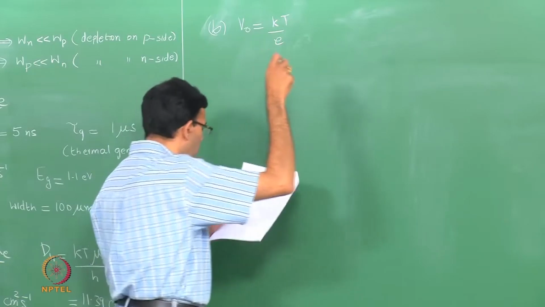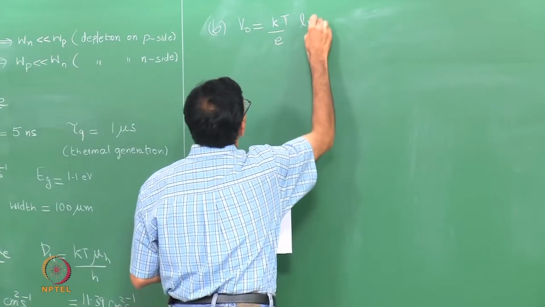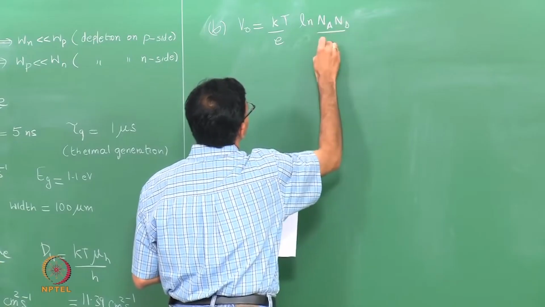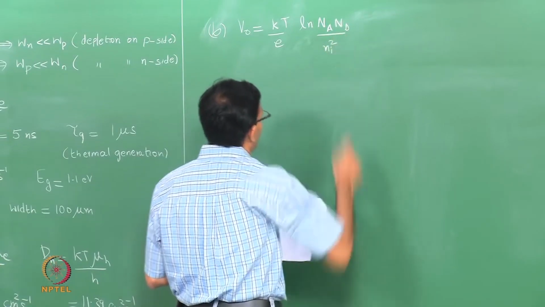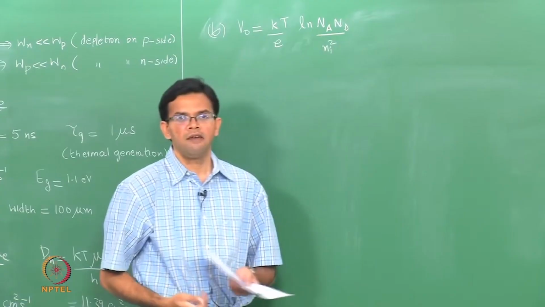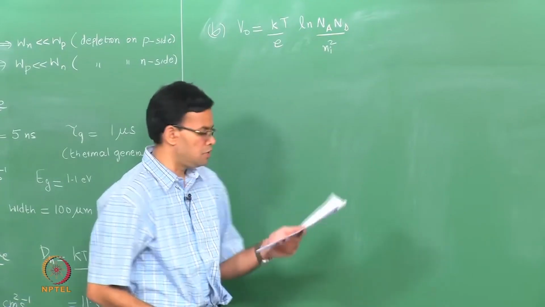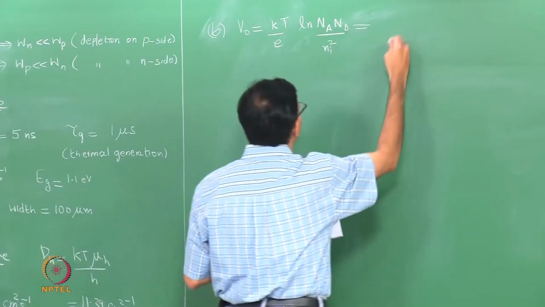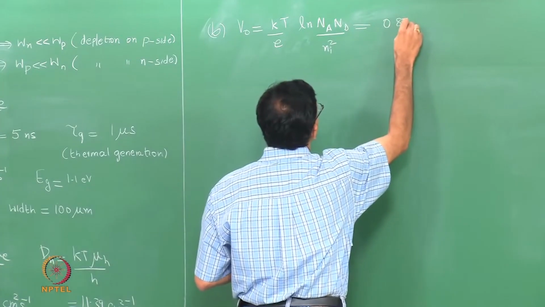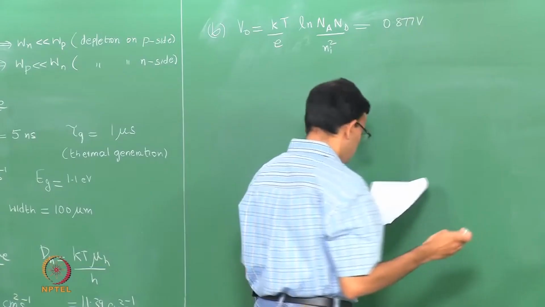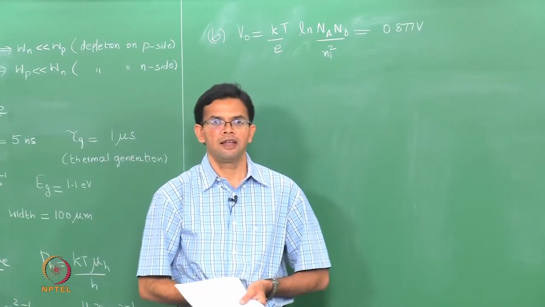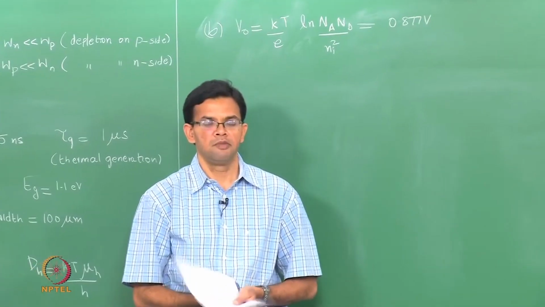So, just kT over e ln of Na Nd over Ni square. We have all the numbers, we just need to substitute that. This works out to be 0.877 volts.